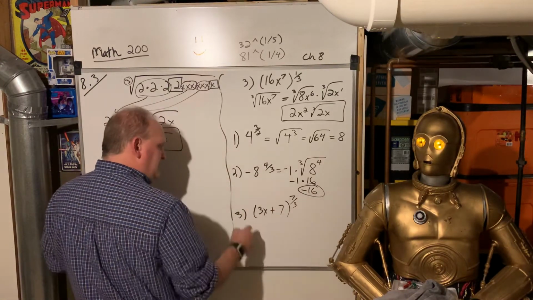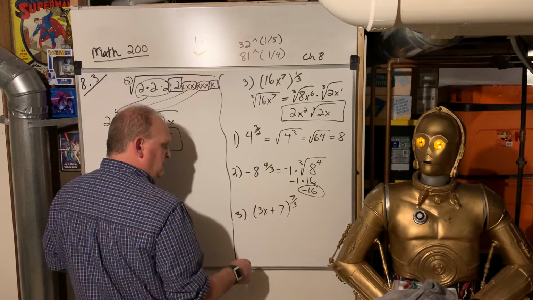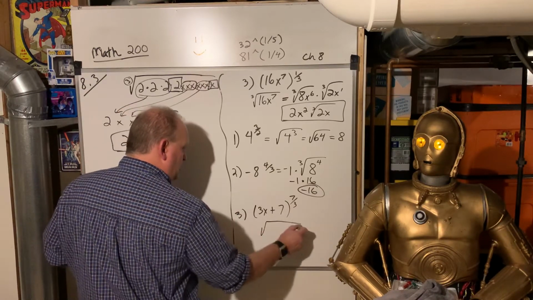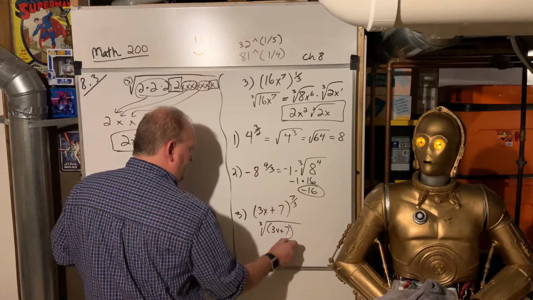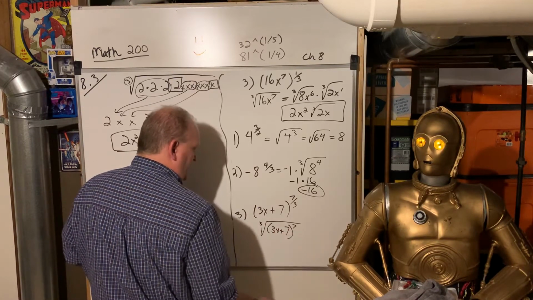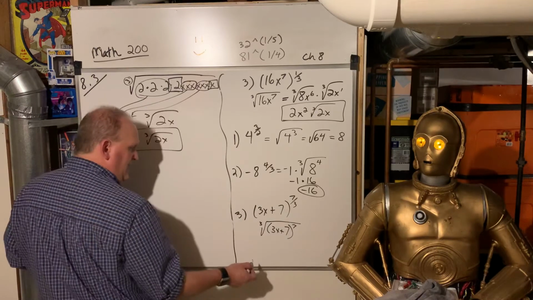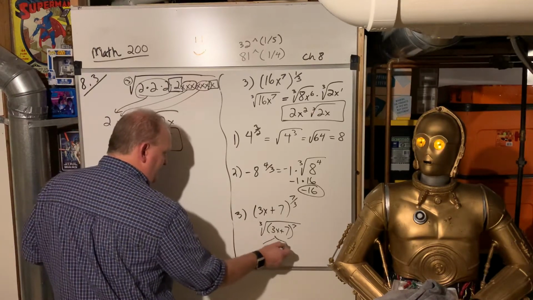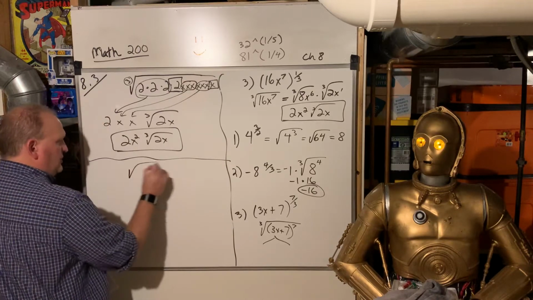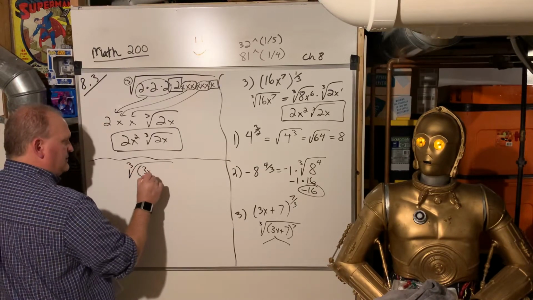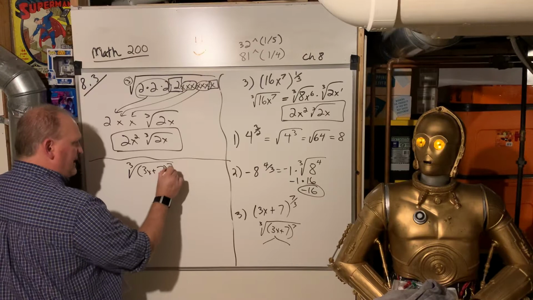Okay, this one is a little weird. You got the third root of 3x plus 7 to the 7th. And so you would break that into perfects and leftovers. Here, let me rewrite it up over here. So you got the third root of 3x plus 7 to the 7th power.